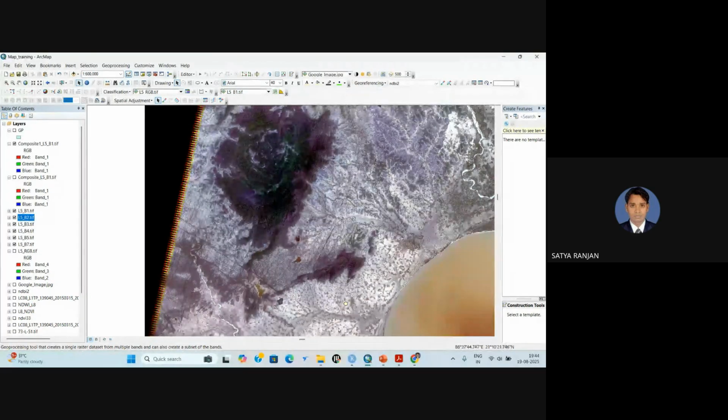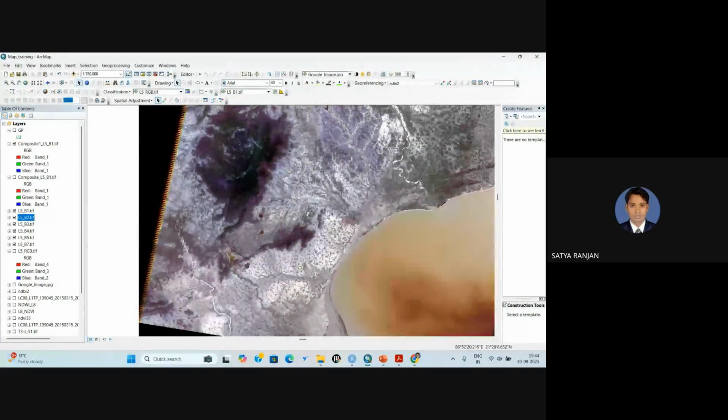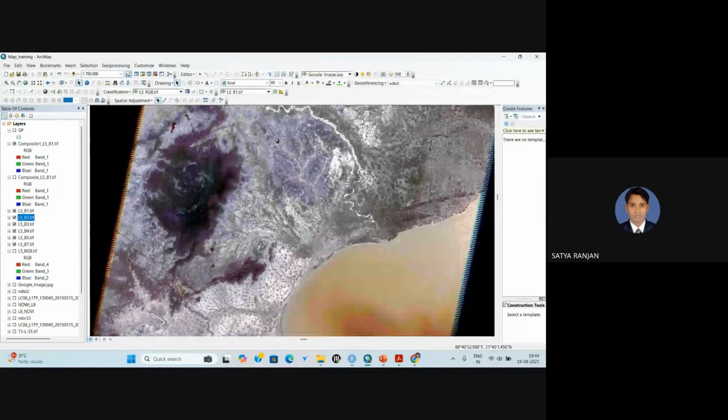So NDVI and any other processes are there. We will process them one by one after completing this class. Next class, we will create the NDVI calculation using ArcGIS. Previously we created NDVI using R. Then we will see how to create NDVI in ArcGIS.